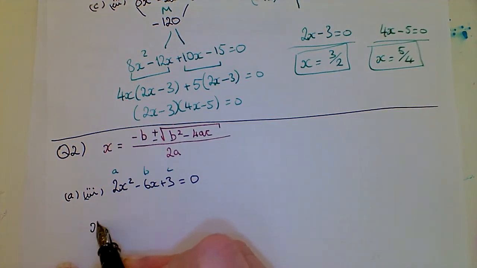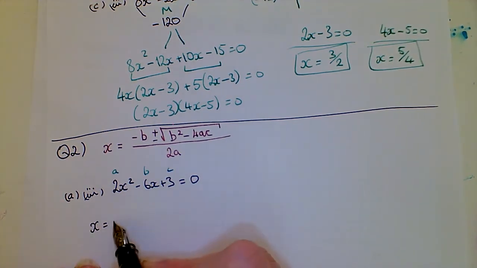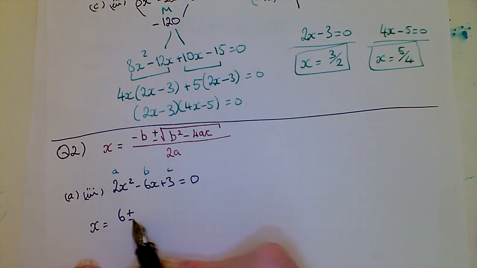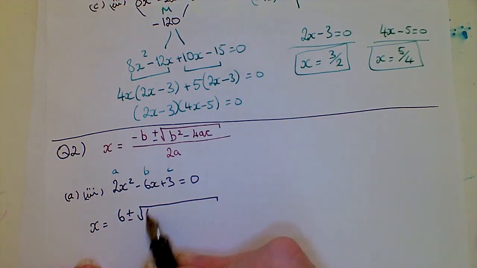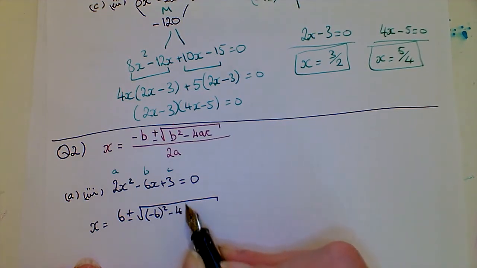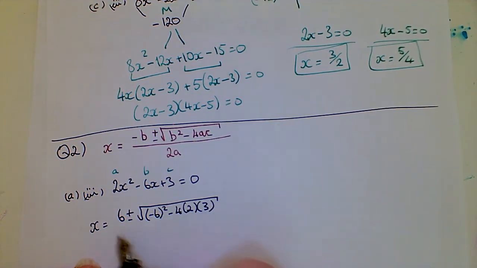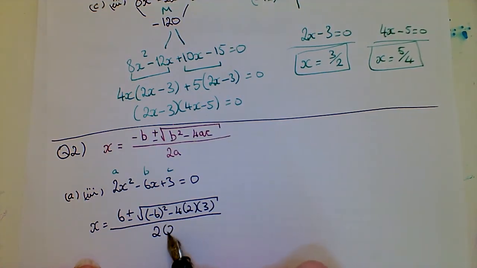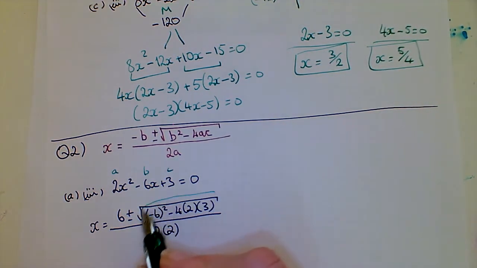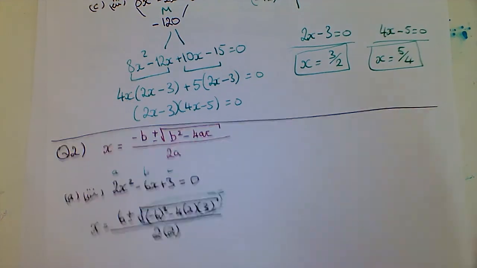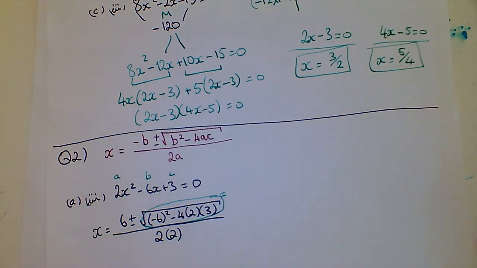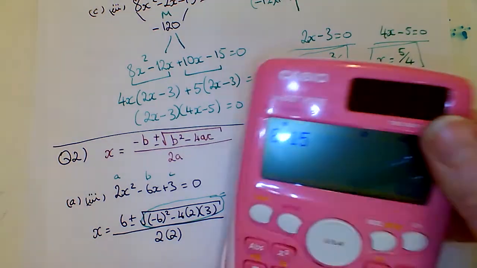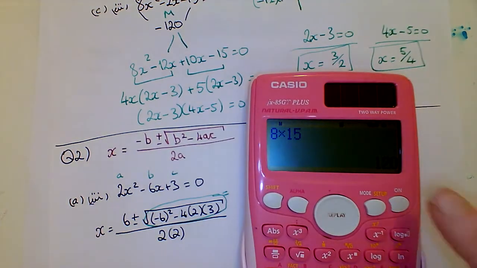So x is equal to minus b, minus a minus 6 is plus 6, plus or minus the square root of b squared minus 4ac all over 2a. As I said yesterday, you can solve this whatever way you're used to, but I would strongly recommend that you just type this part into your calculator in one go.